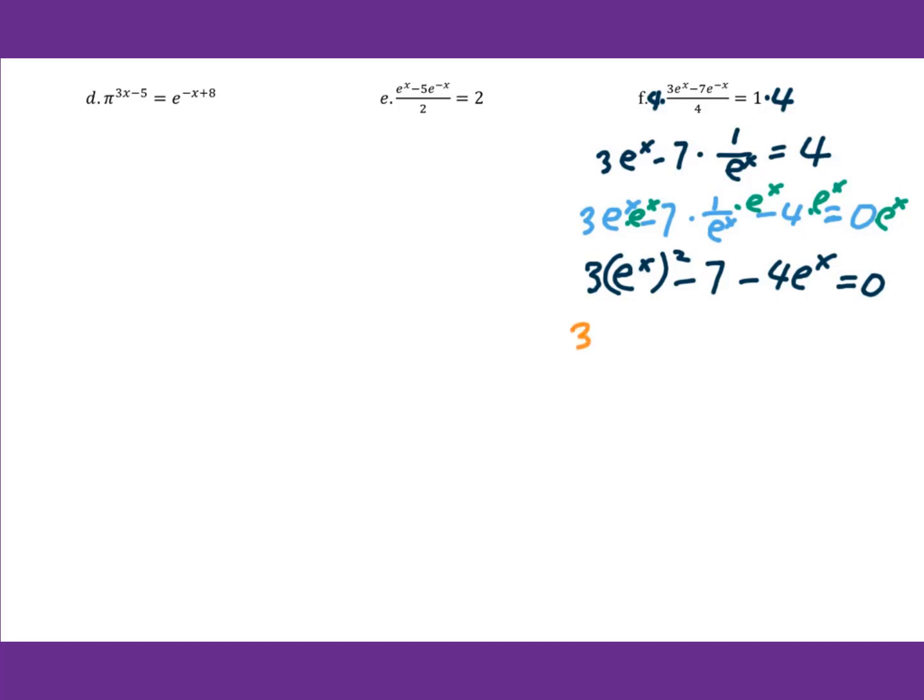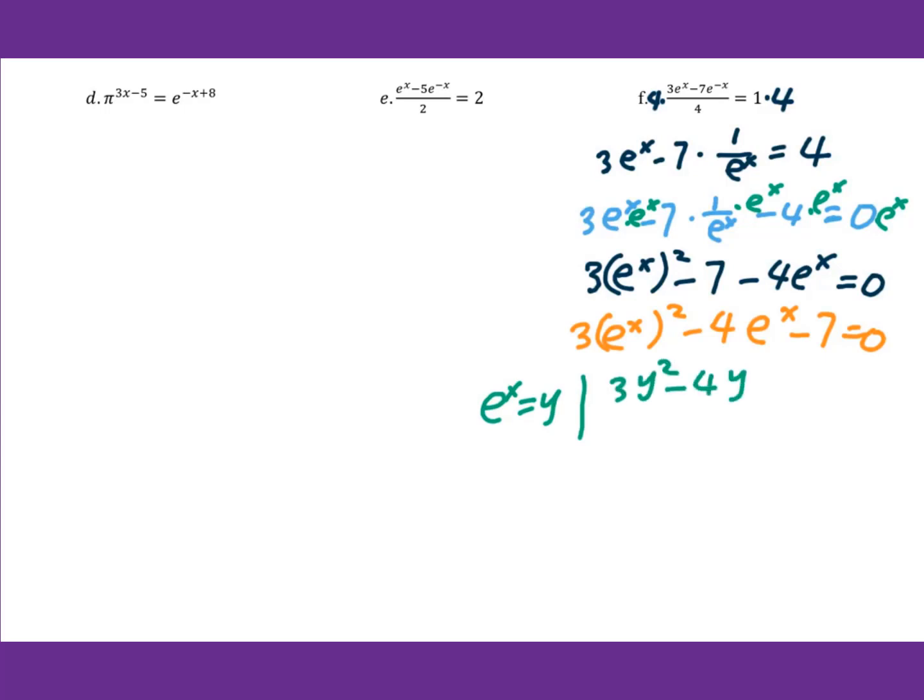So we get 3(e^x)^2 minus 4e^x minus 7 equals 0. Now we set e to the x power equal to y. We got 3y squared minus 4y minus 7 equals 0.